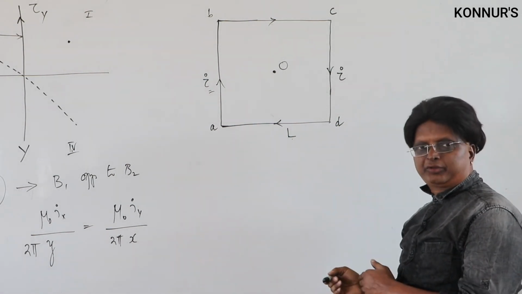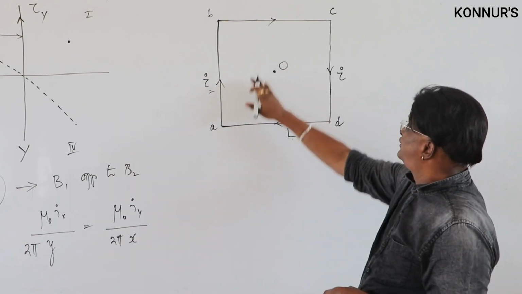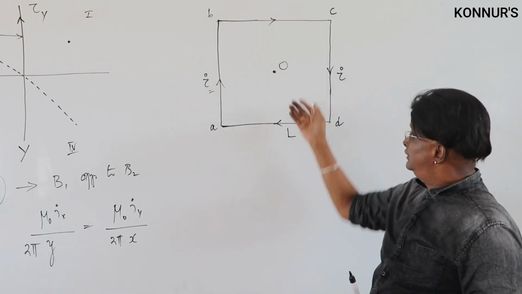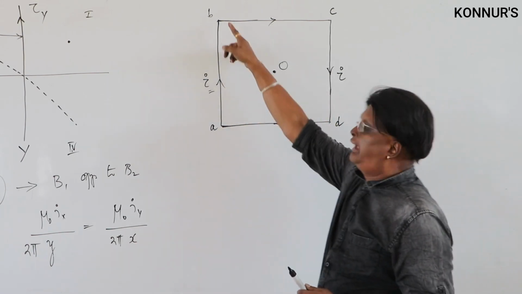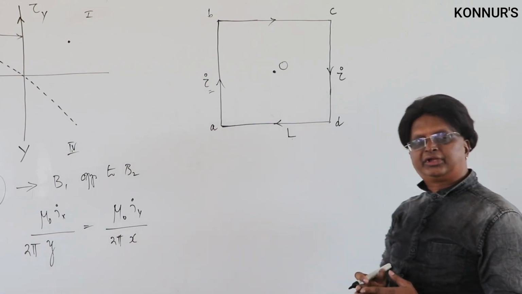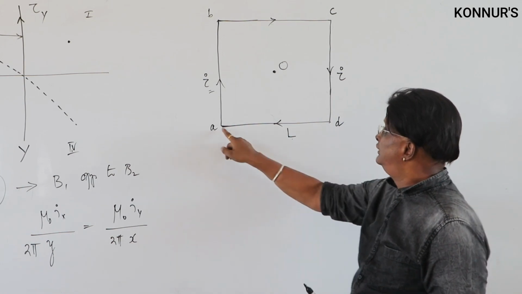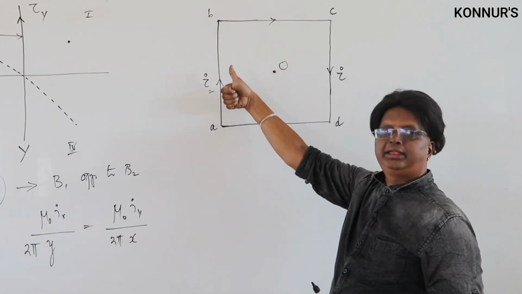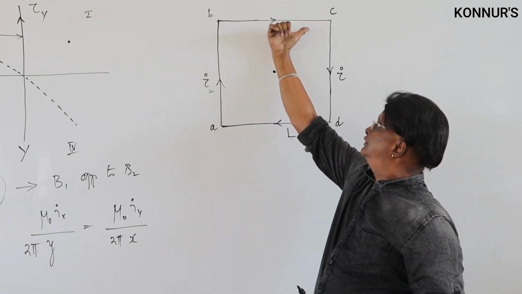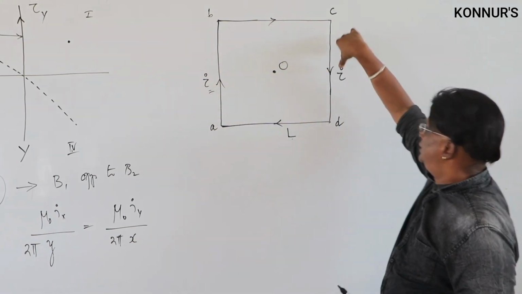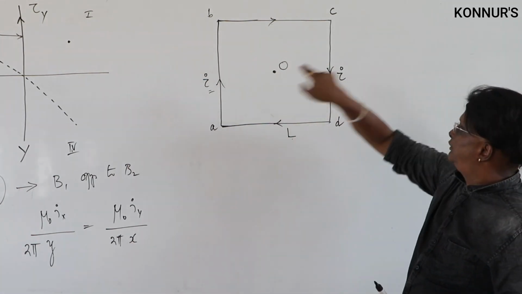Now I will do it in a quick way because you have to use your right hand, remember. If I consider this as a square loop, each side now becomes finite because we know the end points, and therefore it becomes a case of finite length. Now look here: AB, straight, carrying current upward, my fingers inwards; BC, my fingers downwards; CD, again outward; DA, inward.